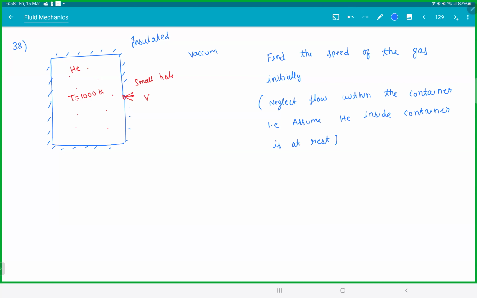This is a good one, right? You have a fully filled tank at some pressure, you make a hole, and the gas just rushes out. Find the speed of the gas at T0.